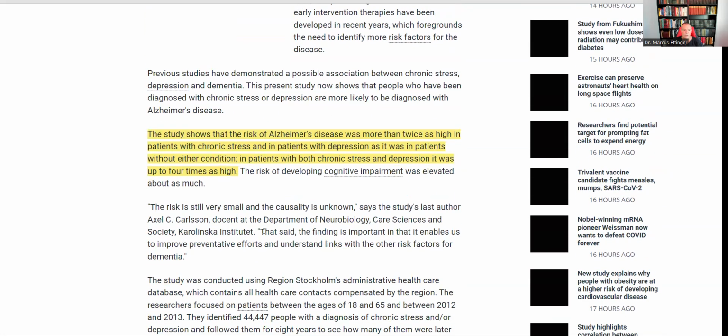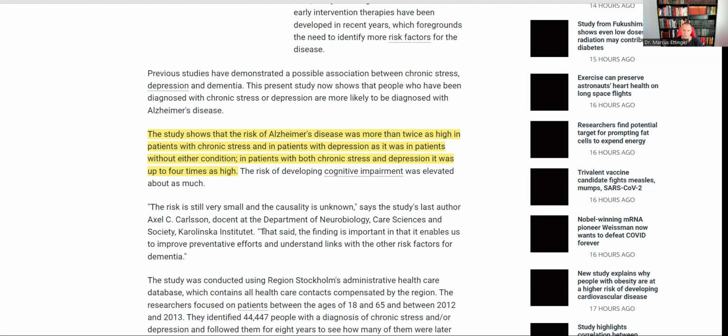The study shows that the risk of Alzheimer's disease was more than twice as high in patients with chronic stress and in patients with depression as it was in patients without either condition. In patients with both chronic stress and depression, it was 4 times as high.